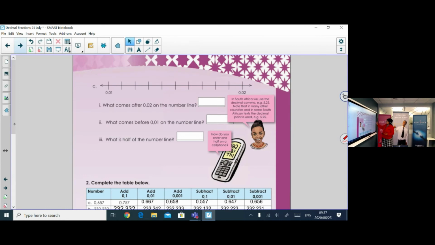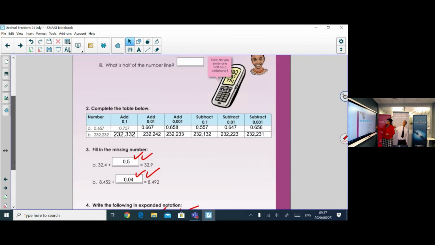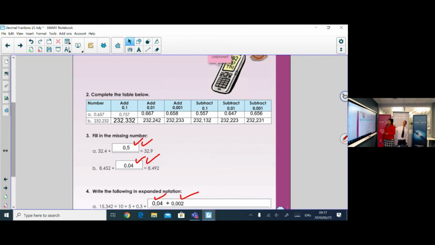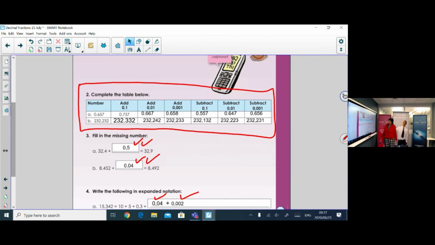So the table is already completed for you. Go and practice. Copy this and practice and check whether we get the similar thing. So I've completed the table for you where we are subtracting and adding, and we are using only 2 numbers.